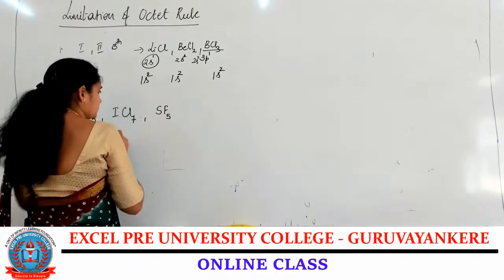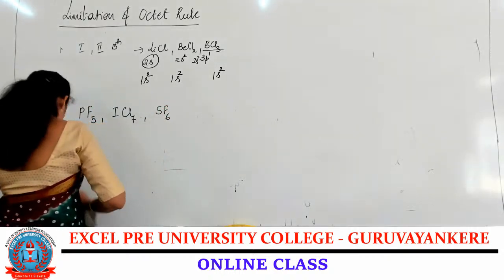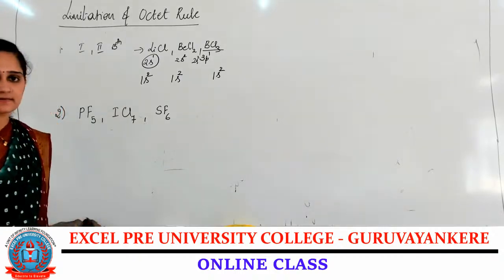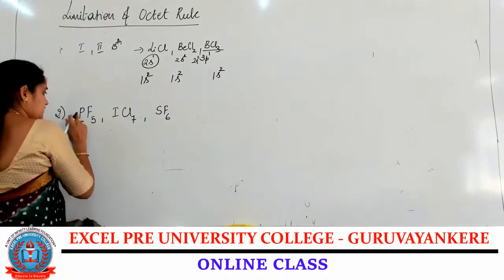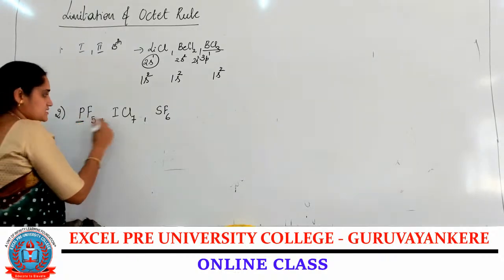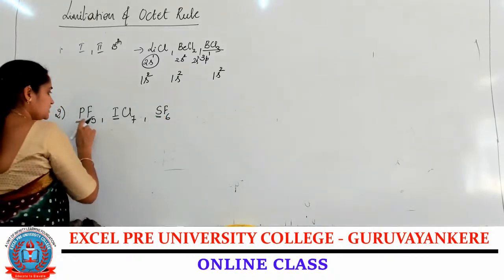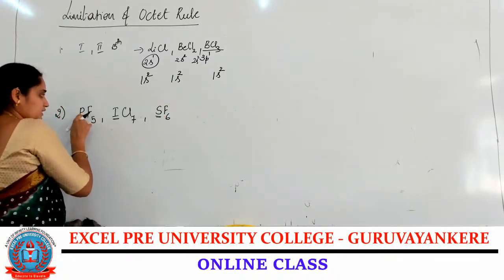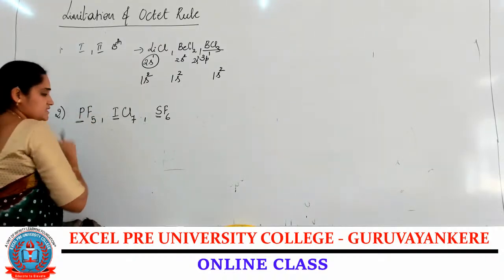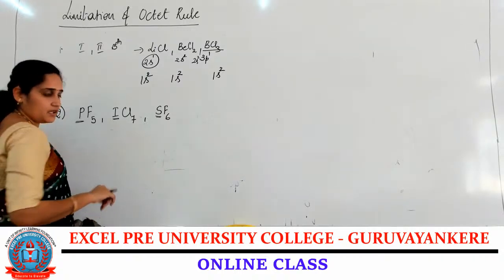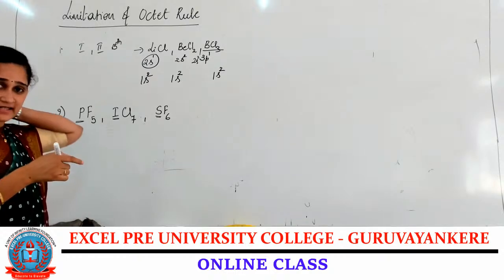In these examples, the center atom is phosphorus, here it is iodine, here it is sulfur. During the sharing of electrons between fluorine and phosphorus, sorry, phosphorus loses electron, fluorine gains the electron.